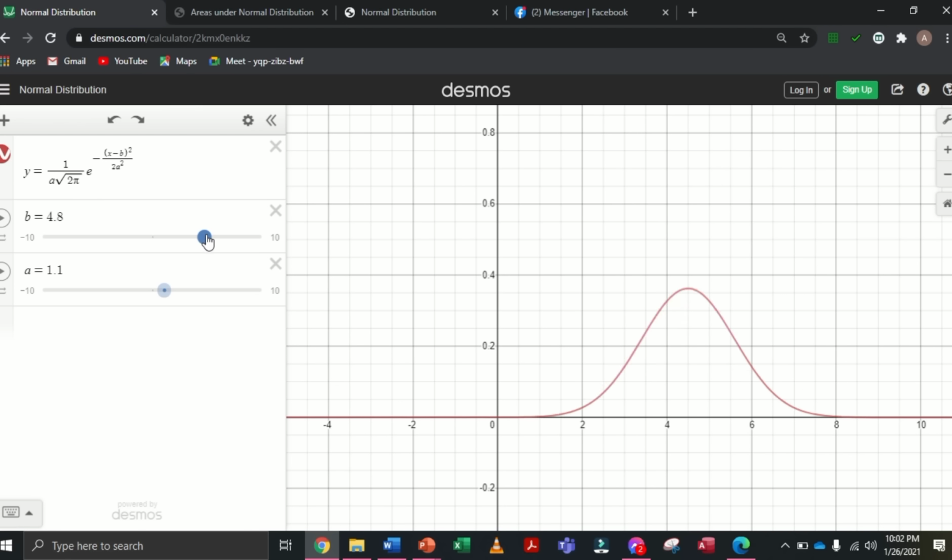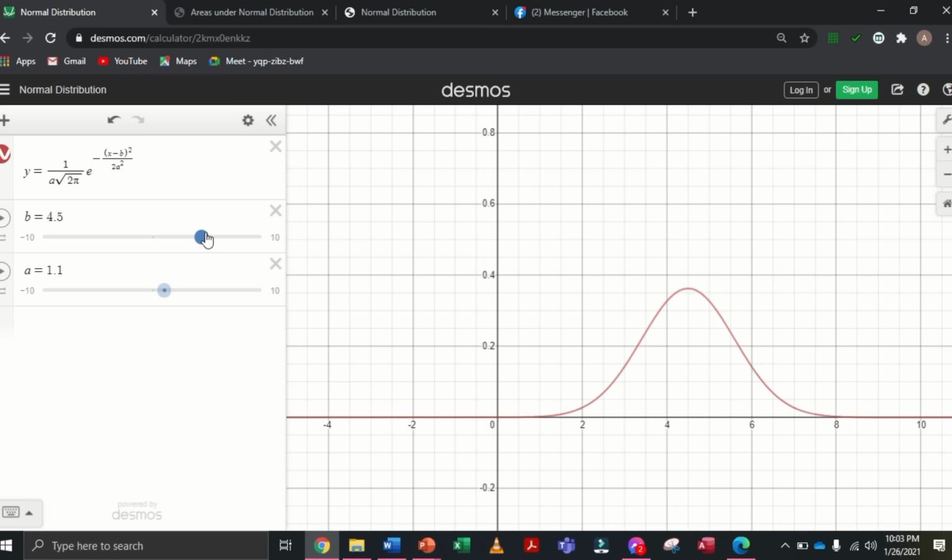Tingnan nyo ha. Nag-shift lang yung graph natin papuntang right side. Ibig sabihin hindi nagbabago yung taas, yung laki ng graph, pero nagmo-move siya papuntang right side. Pero kapag pababa naman yung value ng mean natin, okay, tingnan nyo, papunta naman siya sa left side. So, kung kanina, pag pataas, kung mataas yung value ng mean, nagmo-move siya pa right side.